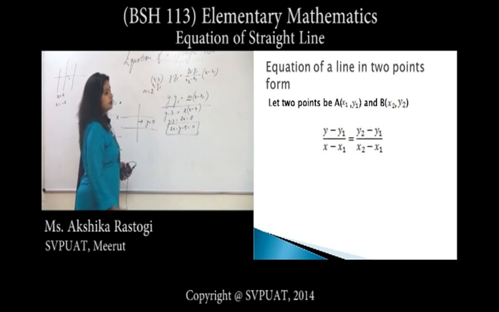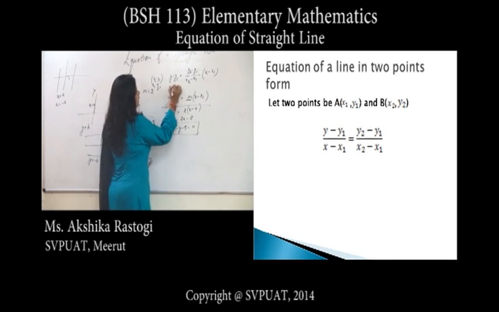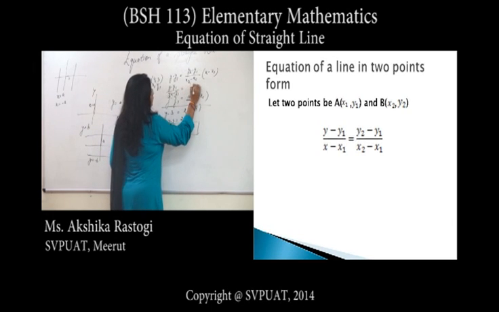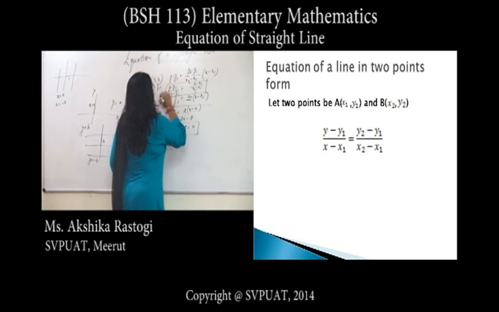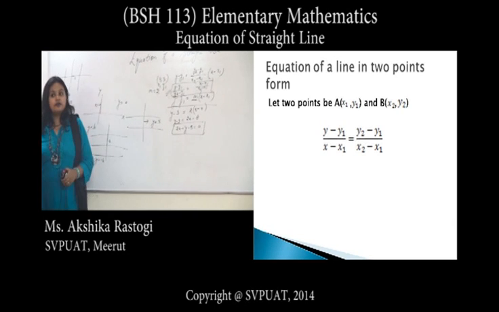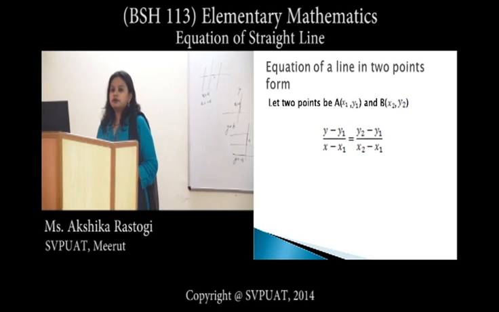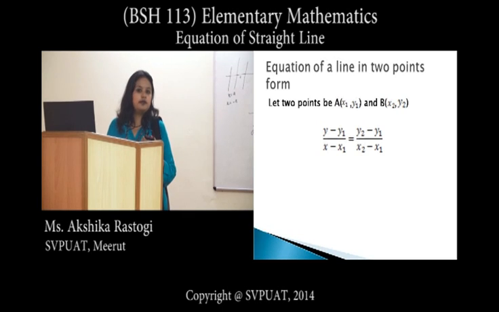We can arrange this formula to get y minus y1 upon y2 minus y1 equals x minus x1 upon x2 minus x1. So here we find the formula, and we can put in the values directly if two points are given. It can be derived from the first formula.